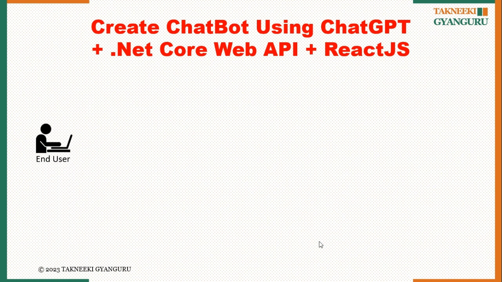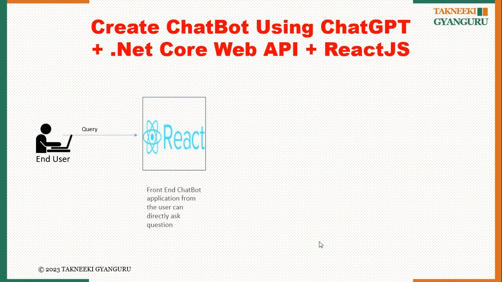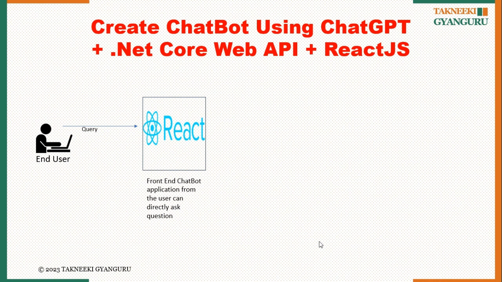The end user will make a query to the React.js front-end chatbot application. In React.js, we will create a UI that looks like a chatbot where the end user can query and get the response back.